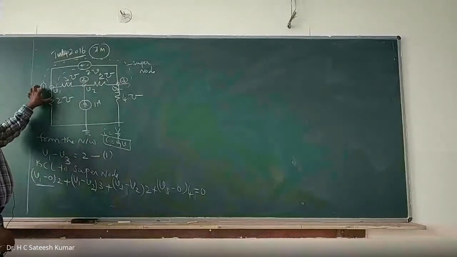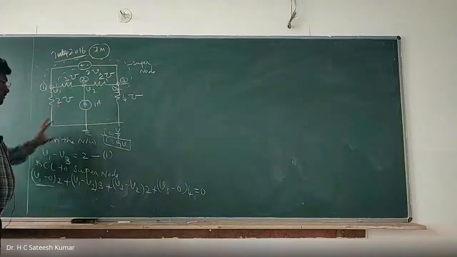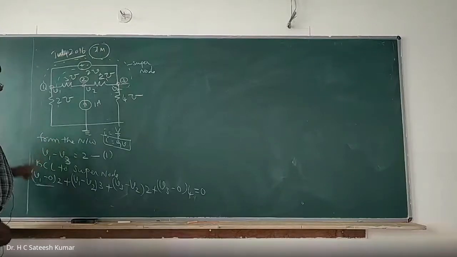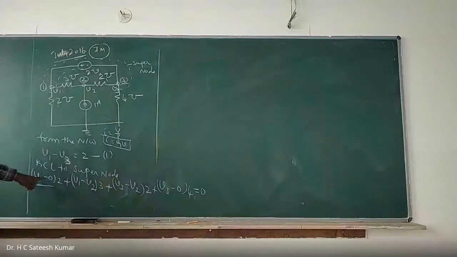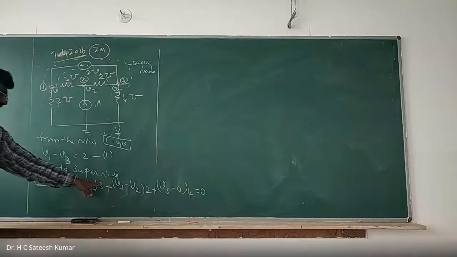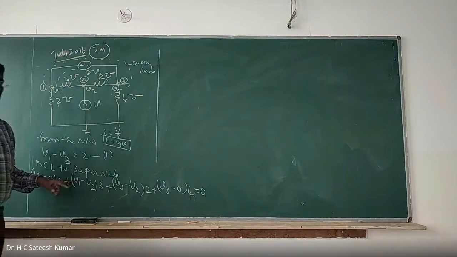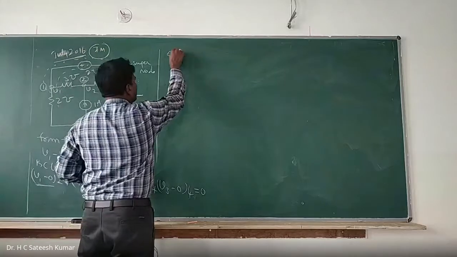Four terms we got: two from this node, two from this node, combined together as a super node, so a single equation. Now the coefficients. V1 coefficients: 2 plus 3, 5 V1.